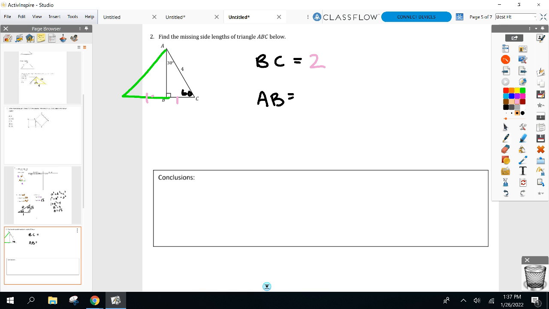And then how can I find AB? Little Pythagorean theorem. I got 2 squared plus b squared equals 4 squared. Go ahead. I'm not going to finish that for you. Simplest radical form for me.